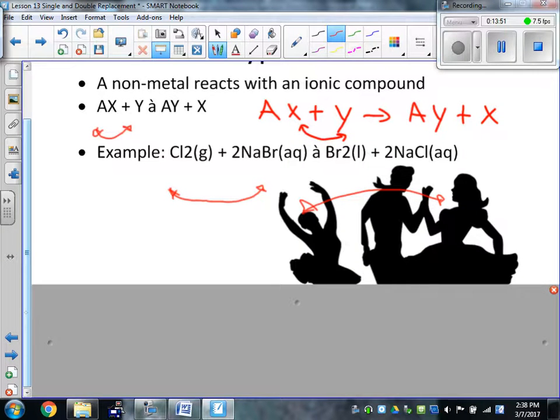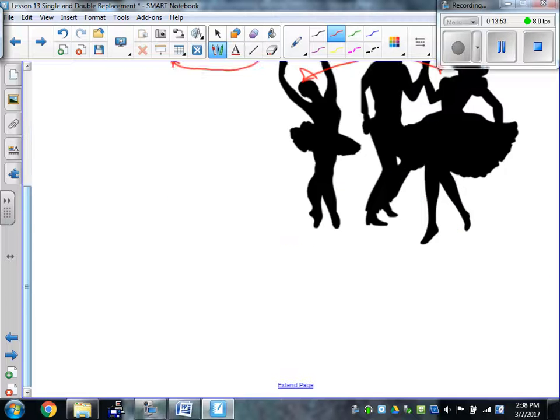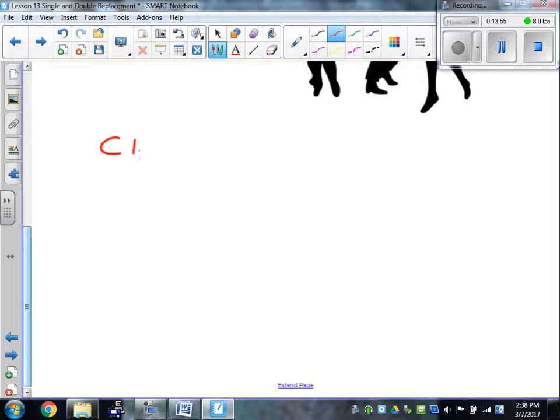Cl2 and NaBr. Okay, now look. Before, on the last couple of examples, I said the metal will switch with the metal, yes? This one has a non-metal by itself.